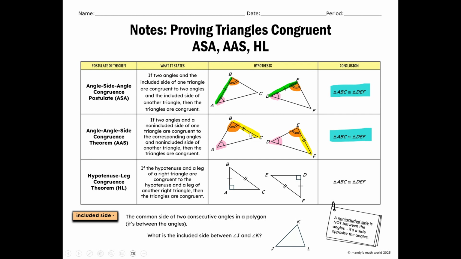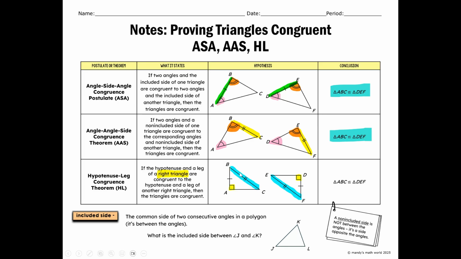And the last one deals with right triangles. It is the hypotenuse-leg congruence theorem, or HL. If the hypotenuse and a leg of a right triangle are congruent to the hypotenuse and a leg of another right triangle, then the triangles are congruent. So we've got two right triangles here. All right, that's what we're dealing with.